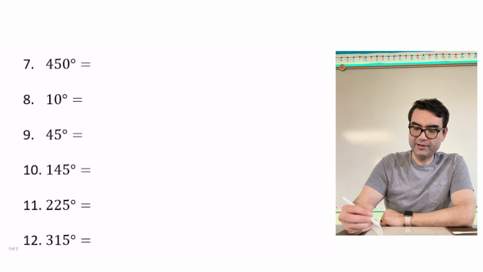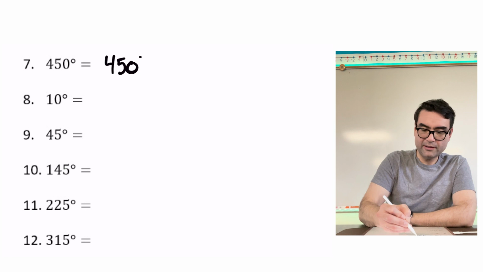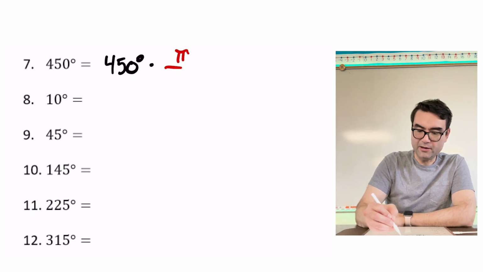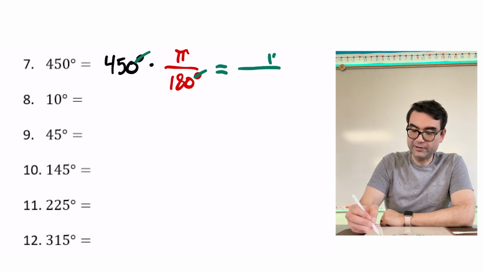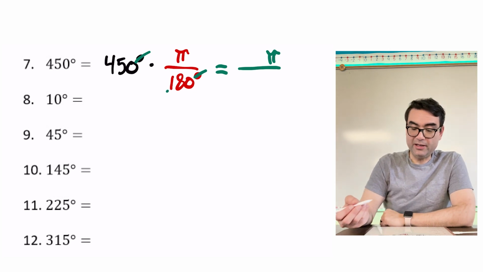Let's go and look at number 7 here. We'll do 450 degrees. Multiply by pi over 180 degrees. The degree unit cancels. And in our new answer, we're going to have pi. And 450 divided by 180, I believe they have a common factor of 30.